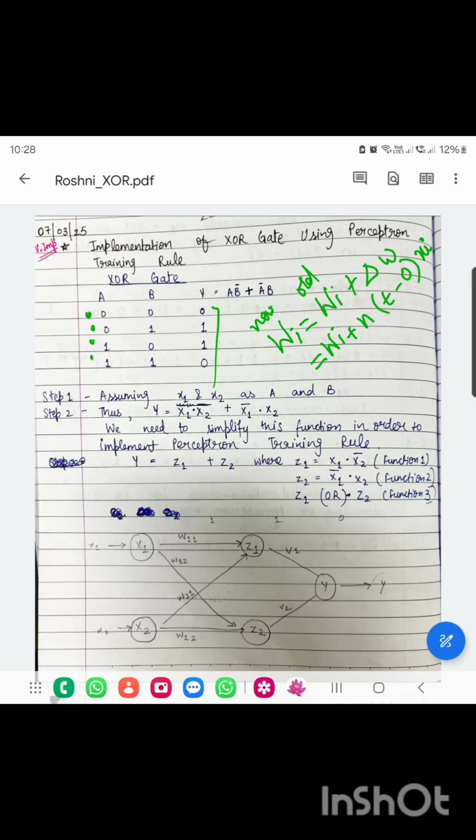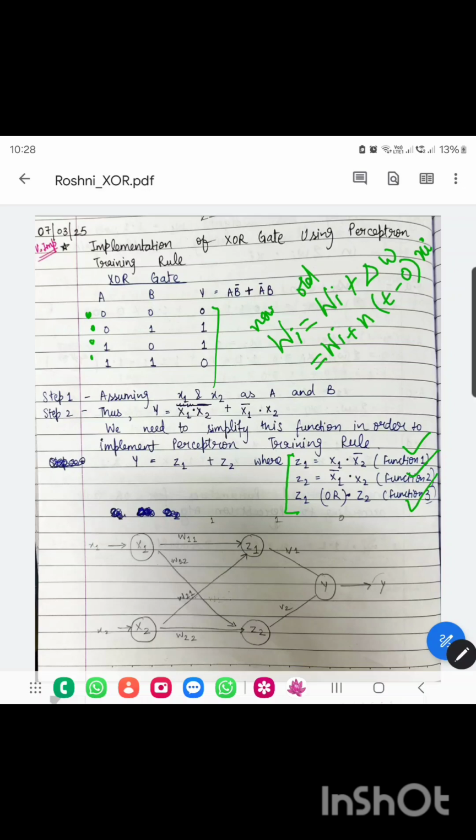So I have given this step by step here. You can see this is step 1, that we are assuming x1 and x2 as A and B. Y equal to x1 into x2 bar plus x1 bar into x2. And then we apply the perceptron on these three functions, function 1, function 2 and function 3.